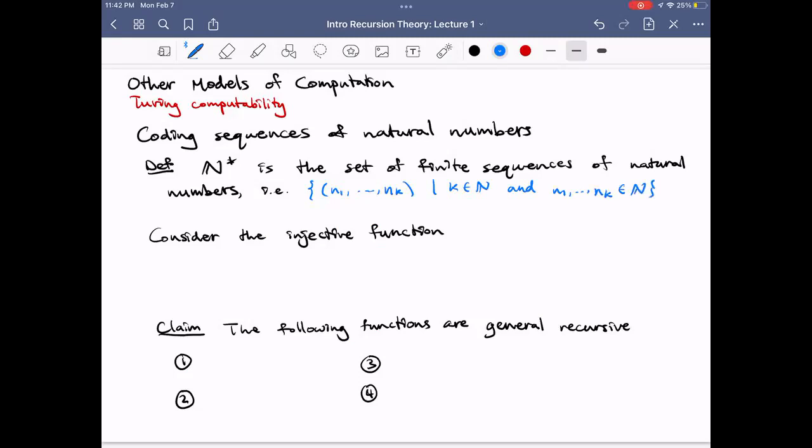And let's consider the injective function from finite sequences of natural numbers to natural numbers defined by the sequence n1 through nk gets mapped to 2 to the n1 plus 1 times 3 to the n2 plus 1, and so on, all the way through pk to the nk plus 1, where pk is the kth prime number.